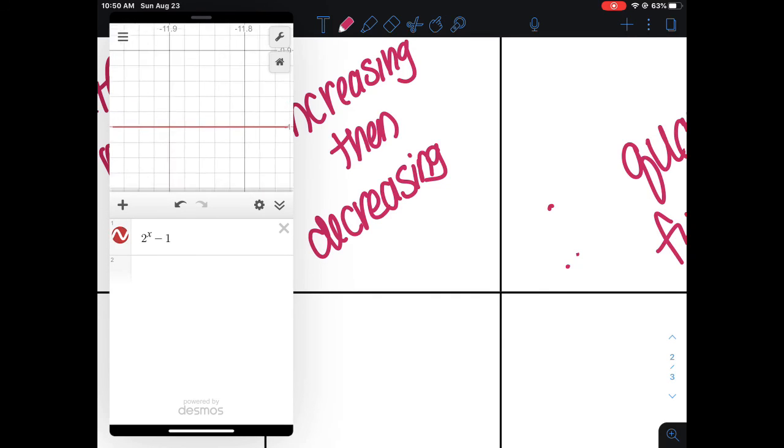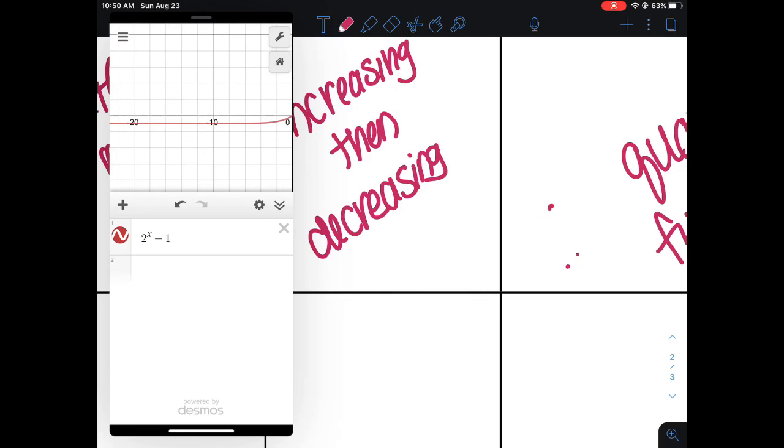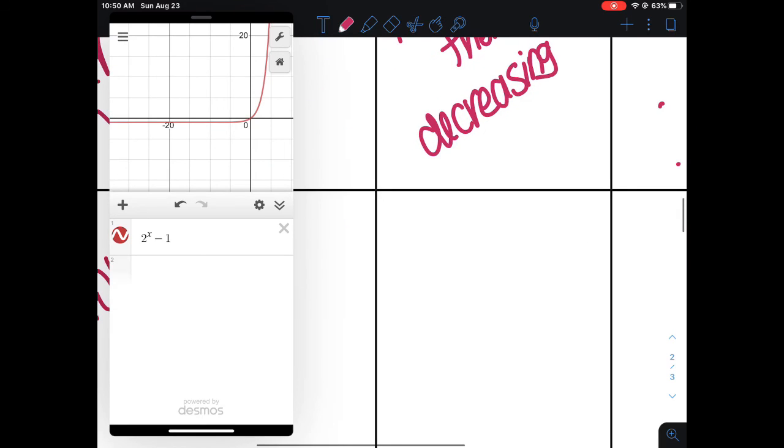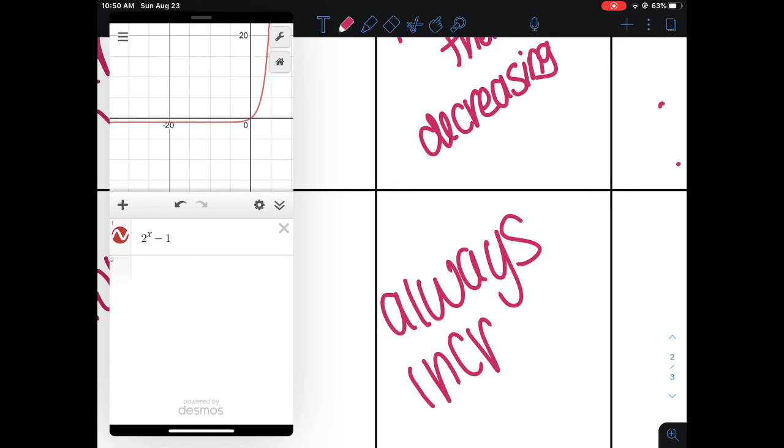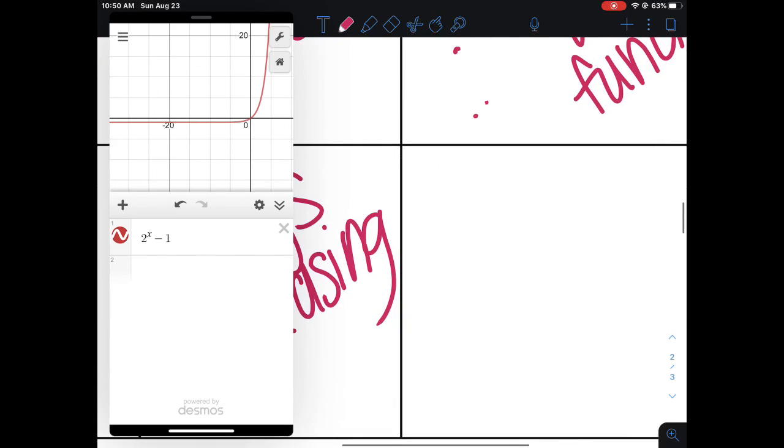Okay, so this function is always increasing. It looks pretty flat, but I promise you it is not. It is always increasing.